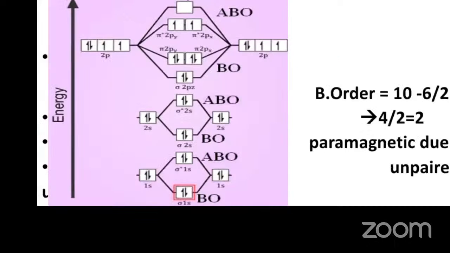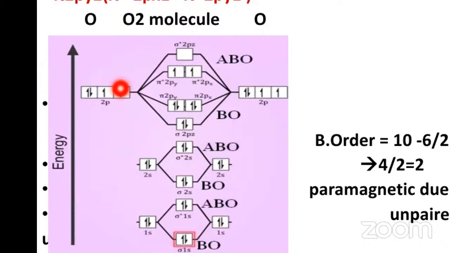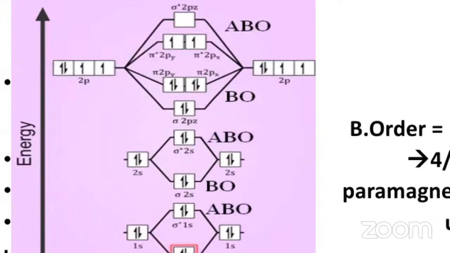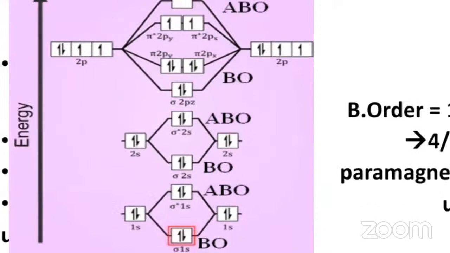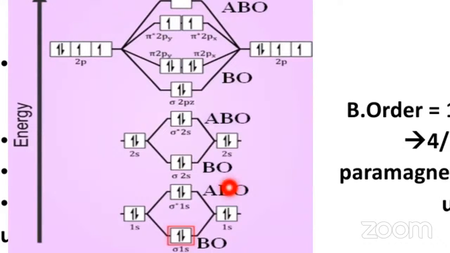Here, these are the atomic orbitals of oxygen. Here, these are also atomic orbitals of oxygen. One oxygen's electronic configuration is 1s2, 2s2 and 2p4. Another oxygen's electronic configuration is 1s2, 2s2 and 2p4. Now, of the electrons of the 1s orbitals, two electrons first of all enter into the bonding molecular orbital sigma 1s, and the next two electrons enter into sigma star 1s, the antibonding molecular orbital.